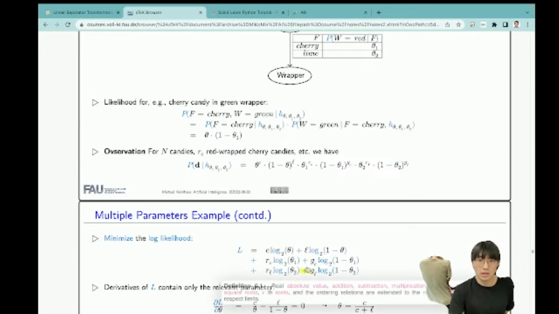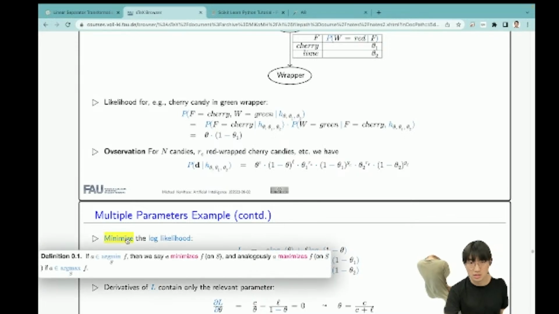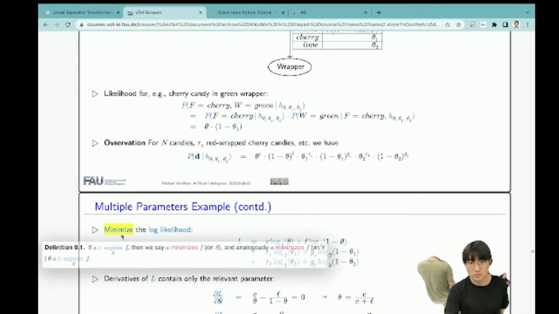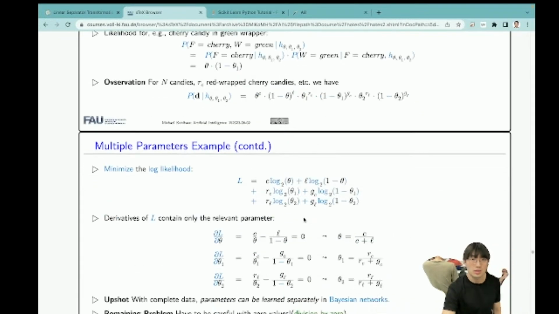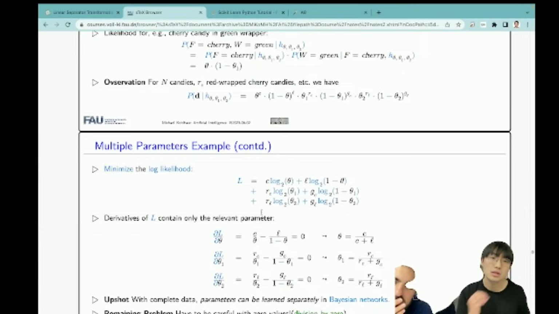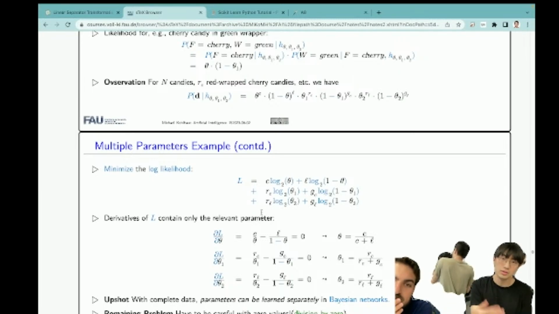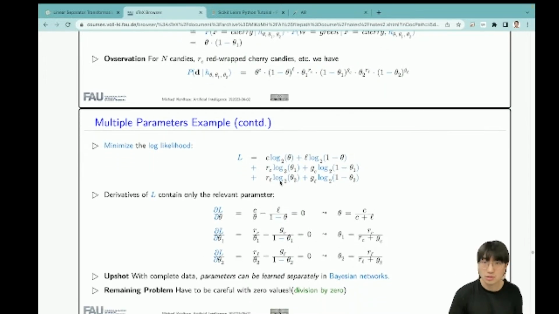Minimize the log likelihood. We need to maximize, maybe this was maximized, right? Professor said that. There is a typo here. This is maximize, so maximizing the log likelihood. And then calculate derivatives.